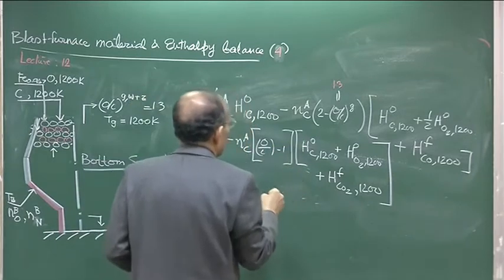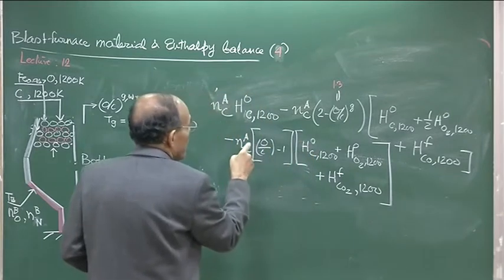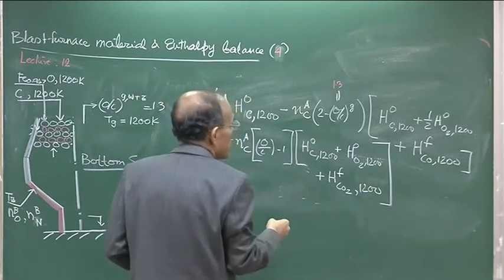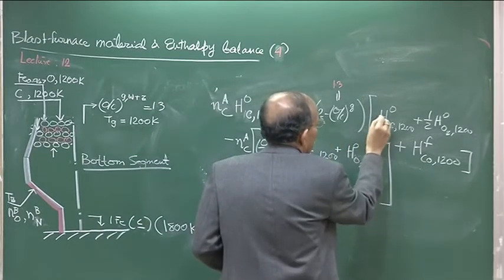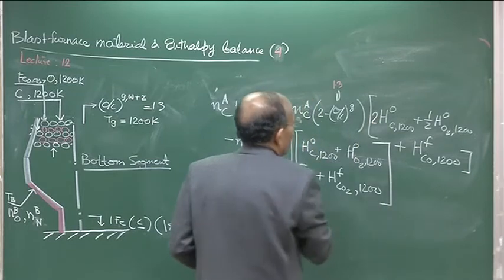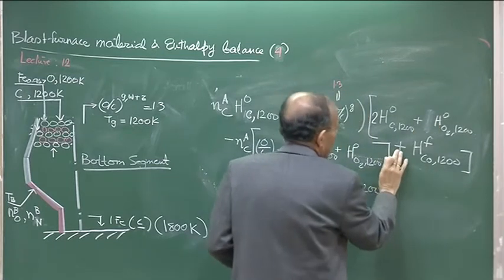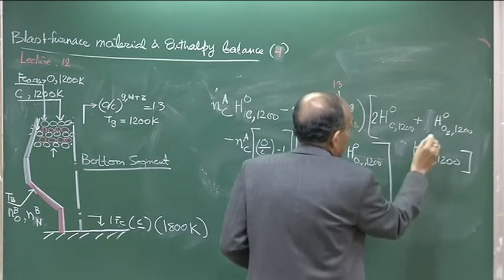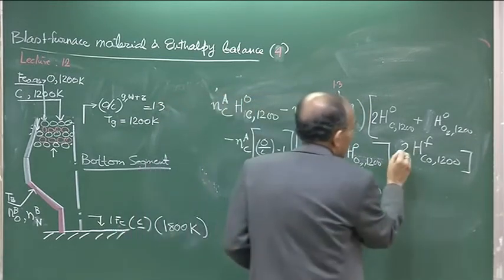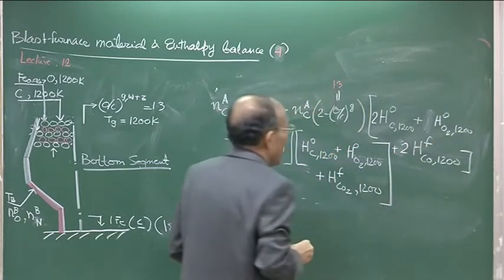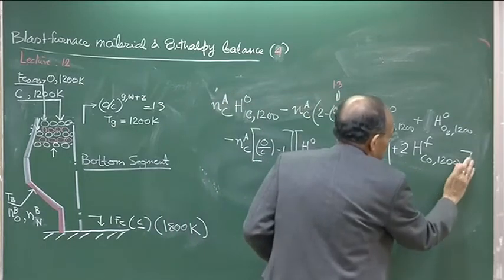For example, we can write NAC 1200. So, let us expand this. We will write down 2 times, first if we multiply, then we will get this term, then 2 times of this, if we multiply it. And then this is plus this, and the bracket is not closed.